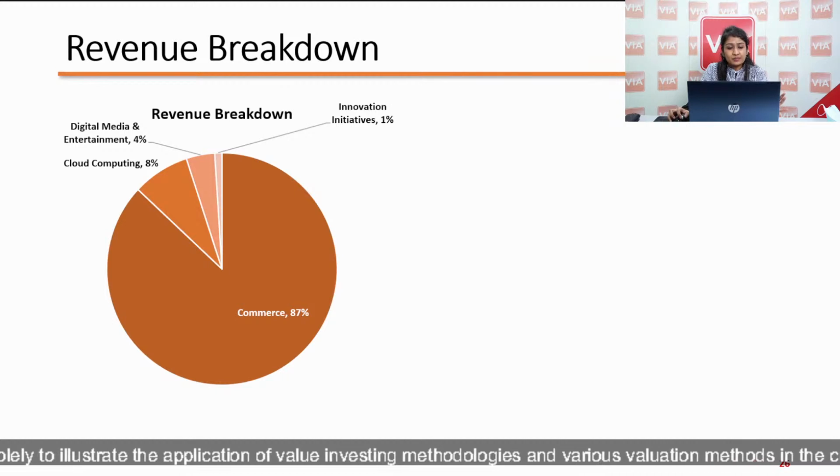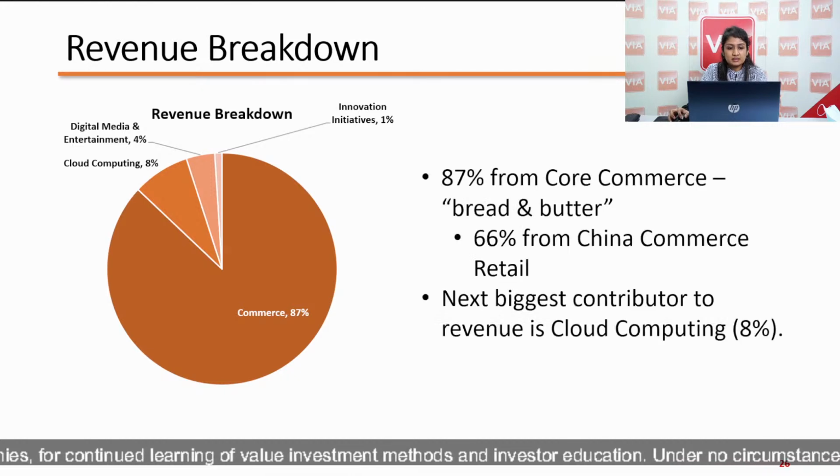Now, let me give you a breakdown of all the business segments in Alibaba's business. So, Alibaba's businesses are comprised of 4 main segments. The first is the core commerce, which contributes 87% to its revenue. So, this is the biggest revenue generating segment for Alibaba.